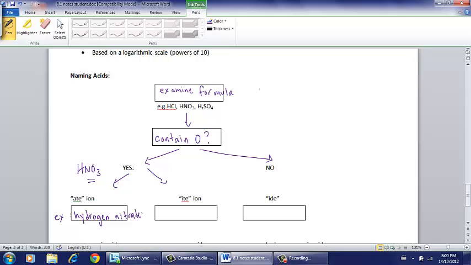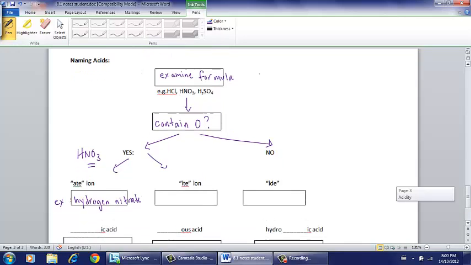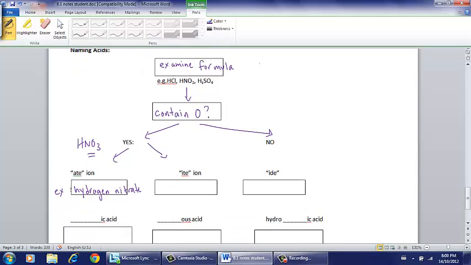But that's just its ionic name. That's not changing it to its acidic name, which is what you have to do now. So what you do is you drop the hydrogen from the name, and you change the ending from ate to ic. So it becomes nitric acid.